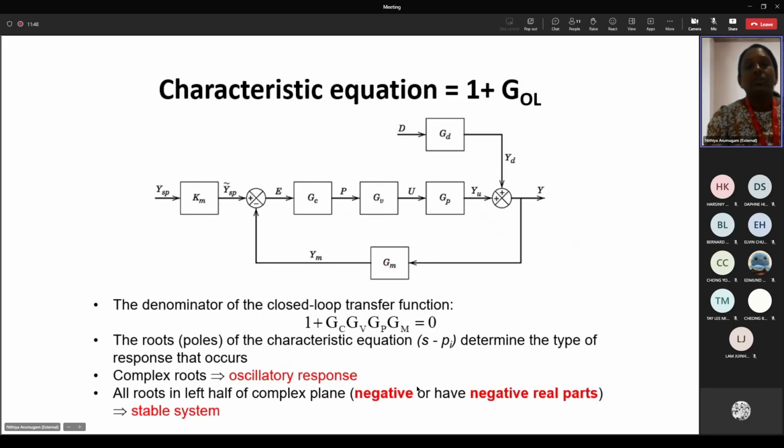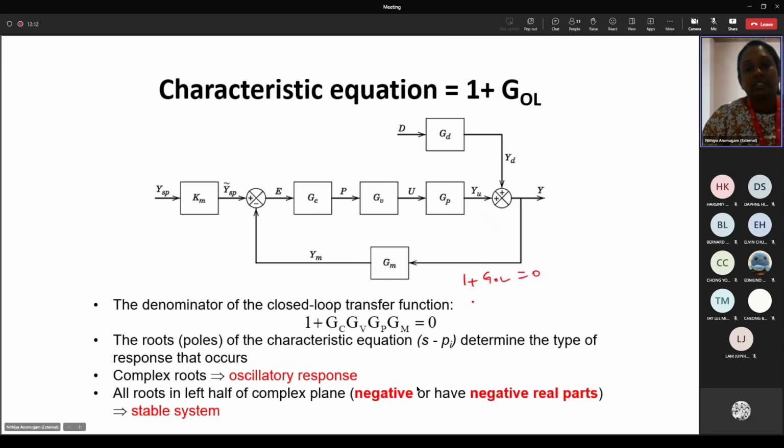All right. So this is the characteristic equation that we gain from the previous diagram that we looked into, the feedback loop control system, right? So here they already mentioned closed loop. For them to make it open loop, it has to be 1 plus GOL equals to 0.